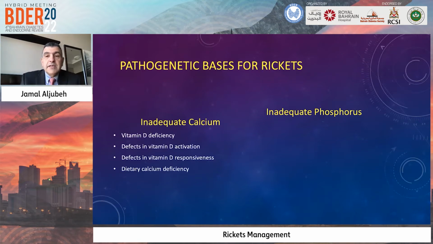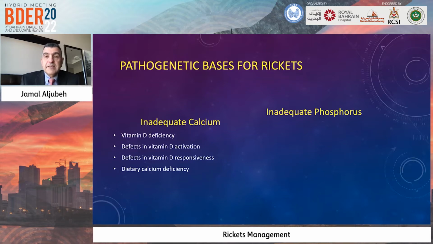So the inadequate calcium or calcipenic rickets is mostly related to vitamin D in the form of vitamin D deficiency, a defect in vitamin D activation, the formation of 1,25-dihydroxyvitamin D, or a problem at the level of the vitamin D receptor. So this type is vitamin D dependent type 2, and the one with the activation is vitamin D dependent type 1.